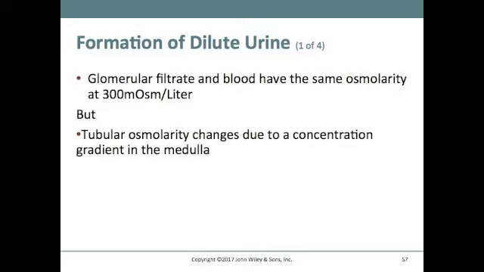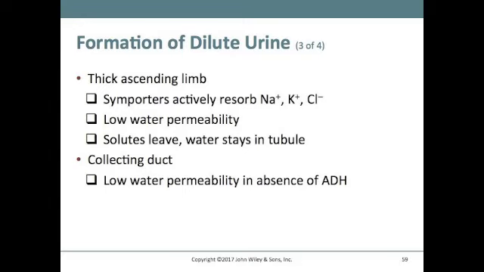Moving on to the next slide, cells lining the thick ascending limb of the loop have symporters that actively reabsorb sodium ions, potassium ions, and chloride ions from the tubular fluid. These ions pass from the tubular fluid into the thick ascending limb cells, then into the interstitial fluid, and finally some diffuse into the blood inside the vasa recta.